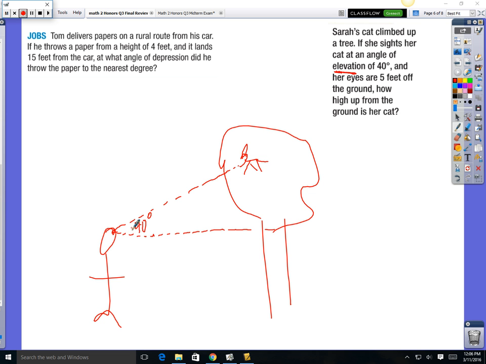Okay, let's see, her eyeballs are 5 feet off the ground. So from here to the ground is 5 feet. Okay, now they want to know how high up from the ground is the cat.